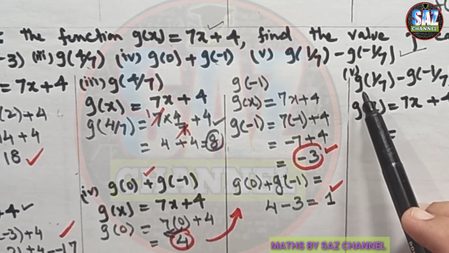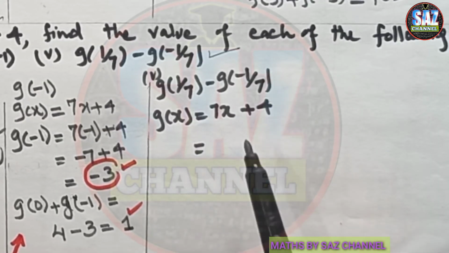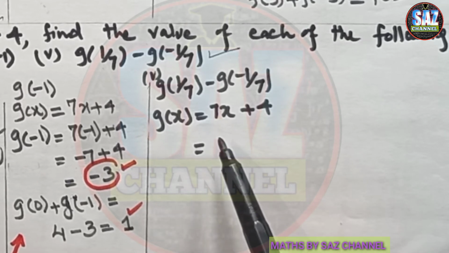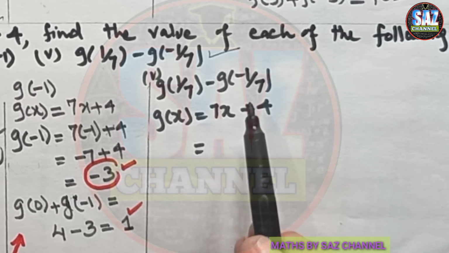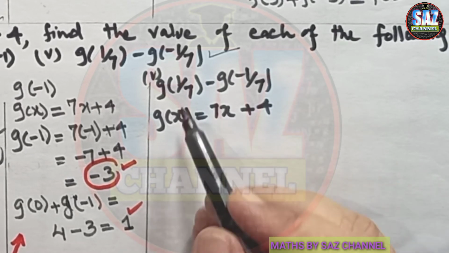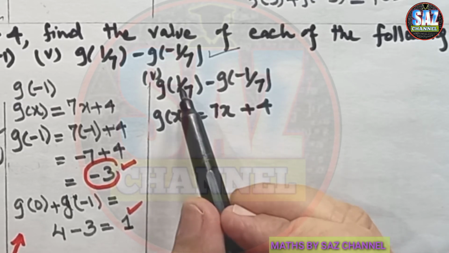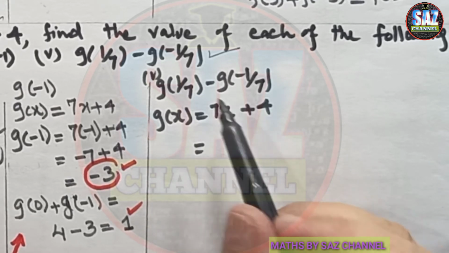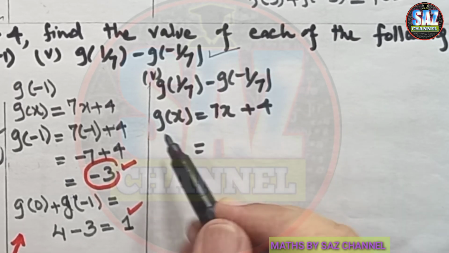Let's move to the last part of the question, which says g of 1 by 7 minus g of minus 1 by 7. We have to evaluate this function at the values 1 by 7 and minus 1 by 7. We put x as 1 by 7, then minus 1 by 7, and finally subtract these two answers.